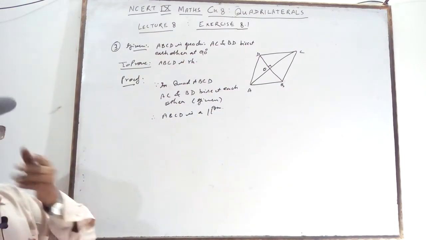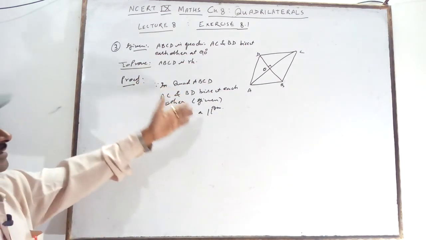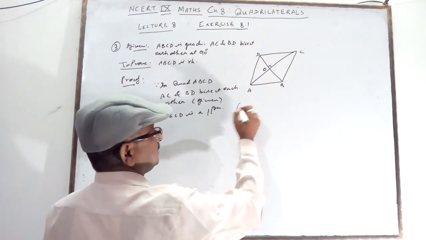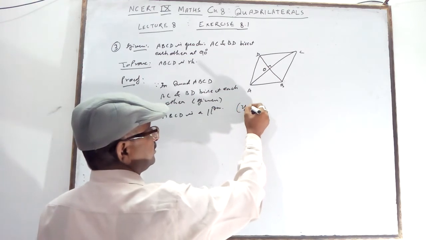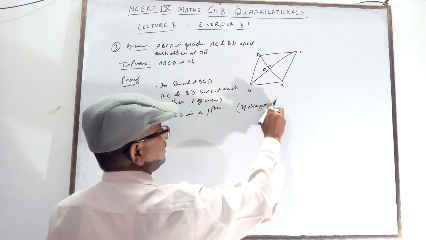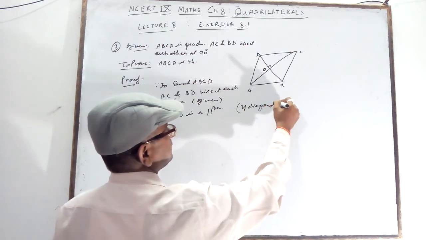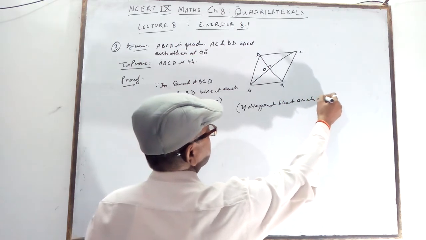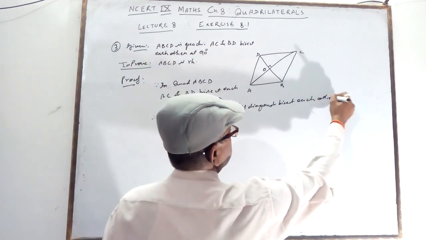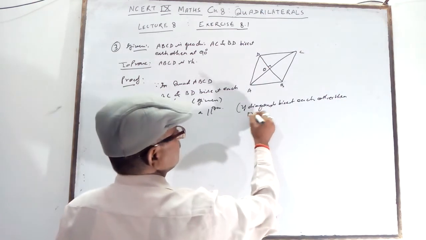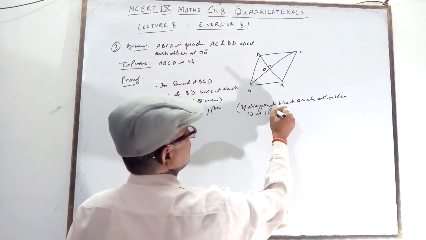The reason you can write: if diagonals bisect each other, then the quadrilateral is a parallelogram. It is a theorem.